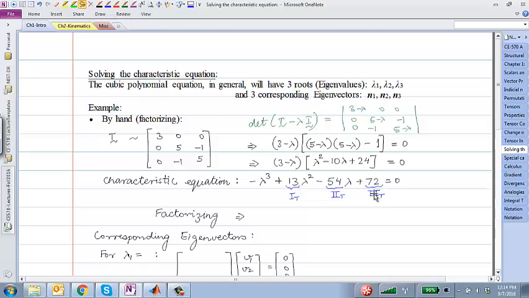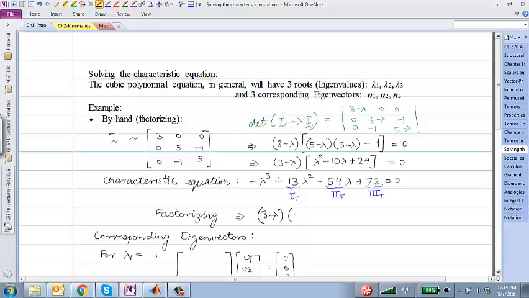Let me ask you this. What would be the eigenvalues? Can you factorize this expression? That's right. So exactly, you can take this guy, what you have left here is a quadratic equation. If you factorize that, what you would get is 3 minus lambda, and the two factors of 24 that sum up to minus 10 are minus 6 and minus 4.